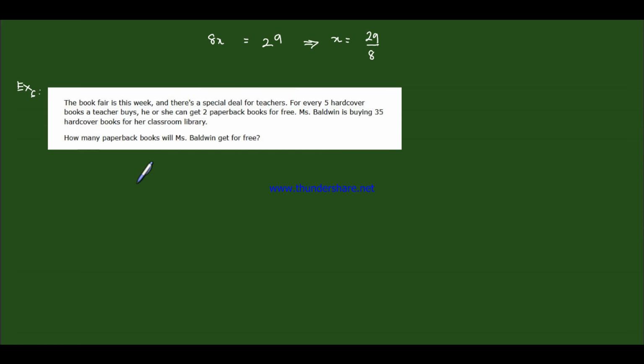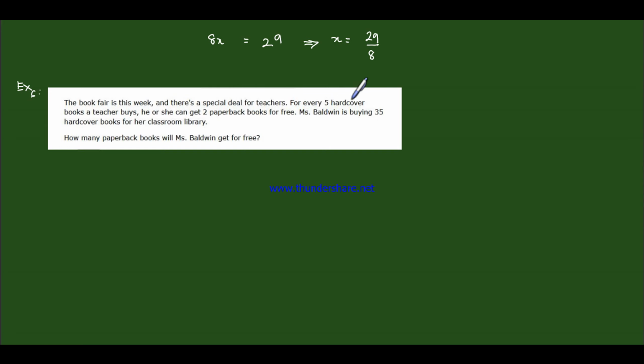The book fair is this week. There is a special deal for teachers. For every 5 hardcover books a teacher buys, he or she can get 2 paperback books.